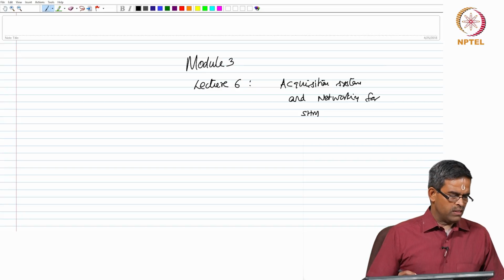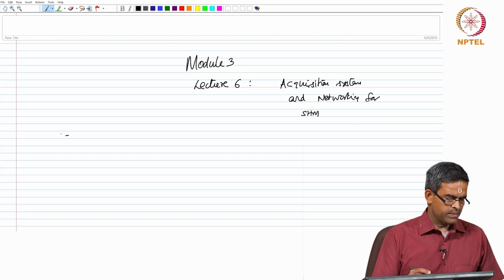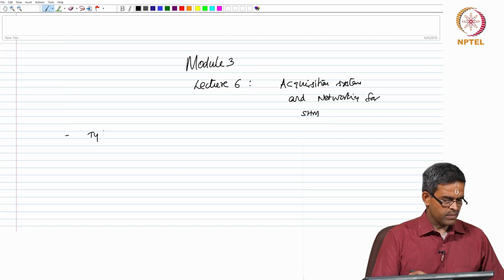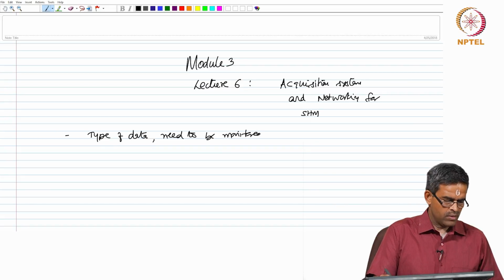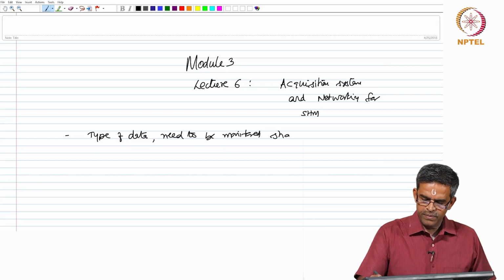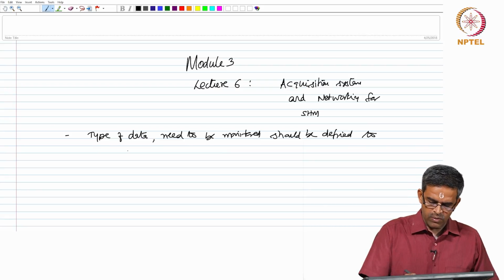In the last lecture, we said that the type of data to be monitored should be defined to design the sensor network.